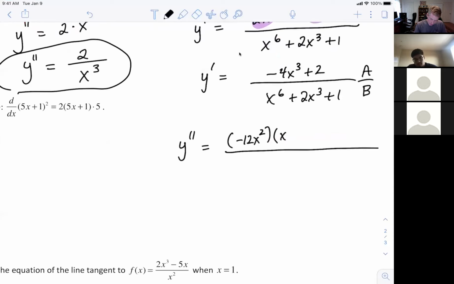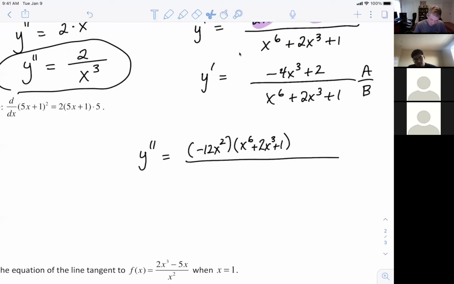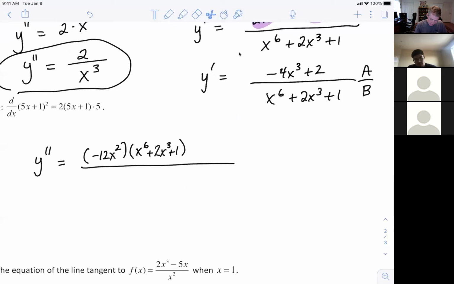And then just copy down the x to the 6 plus 2x cubed plus 1. And then it goes minus. This time, just copy down the top part, negative 4x cubed plus 2.